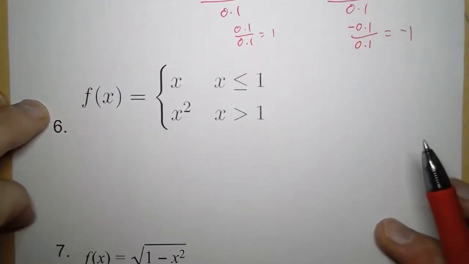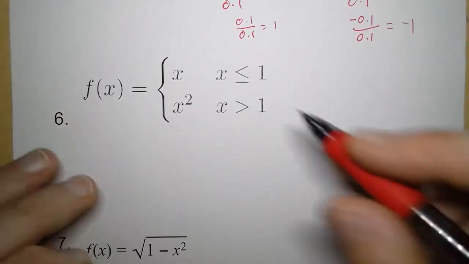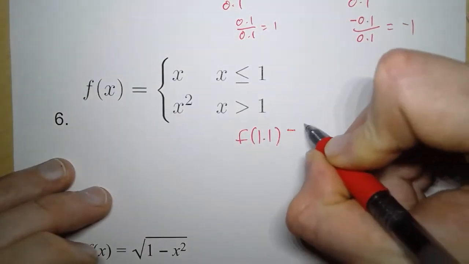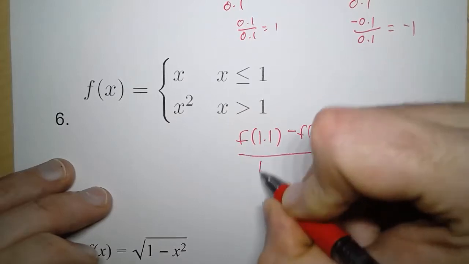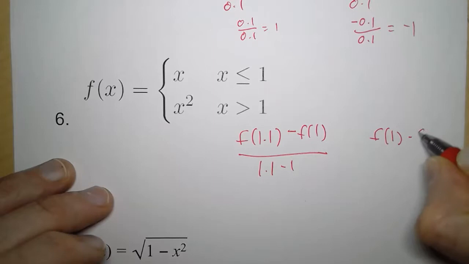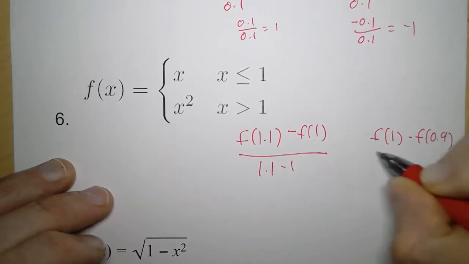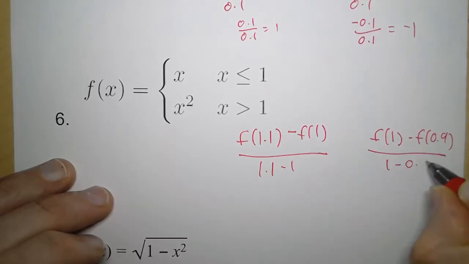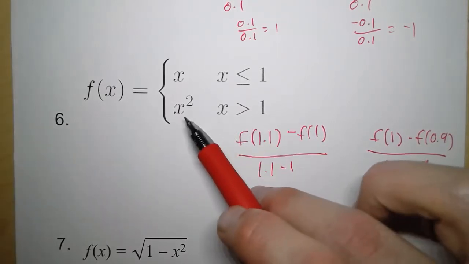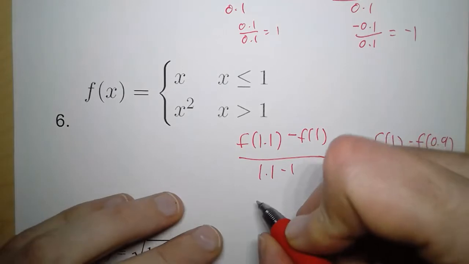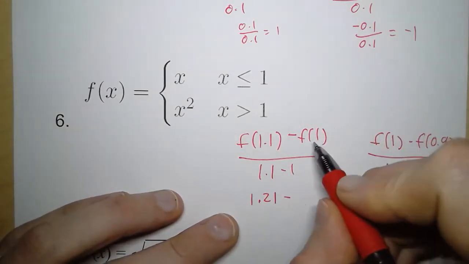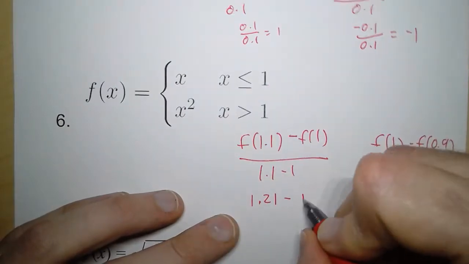So looking at number 6, same idea. We want to find the slope between 1.1 and 1, and the slope between 1 and 0.9. When we plug in 1.1, we're going to plug that into here for x squared. So that is 1.21 minus, if we plug in 1, that goes up here into x, so that's 1.